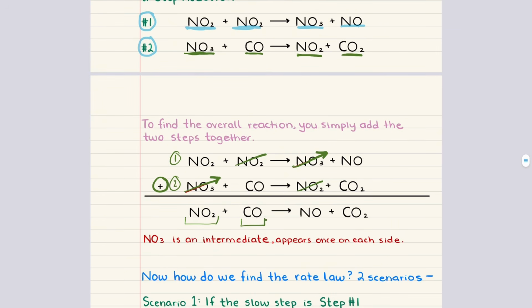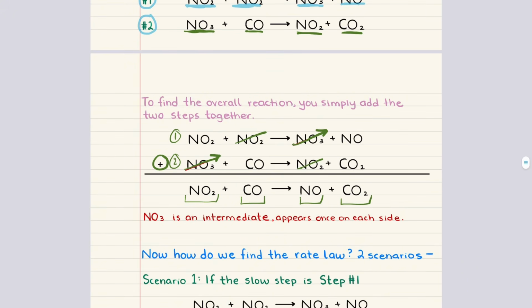This example illustrates two important ideas. First, the overall reaction is simply the sum of all of the elementary steps in the mechanism. And second, any species that's formed in one step and then consumed in a later step is called an intermediate. Intermediates don't appear in the overall reaction, but they do play an important role within the mechanism.